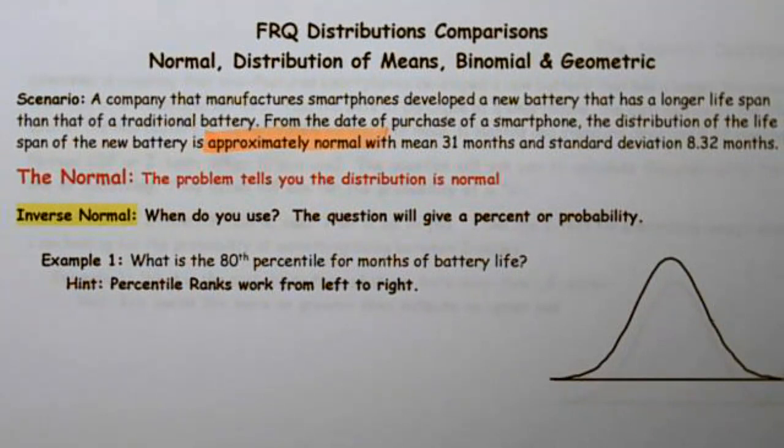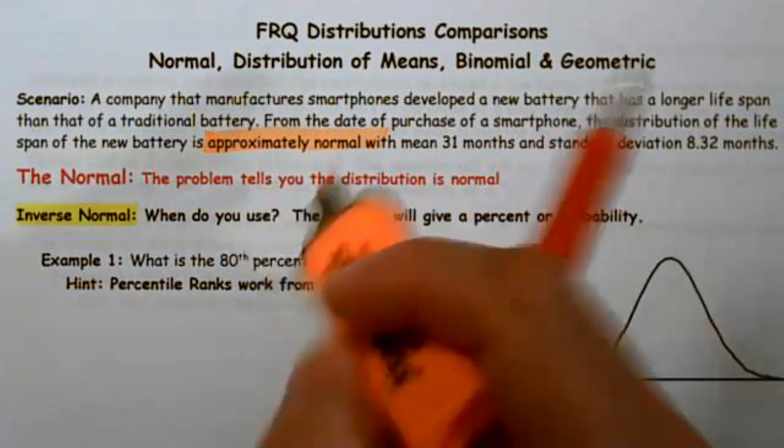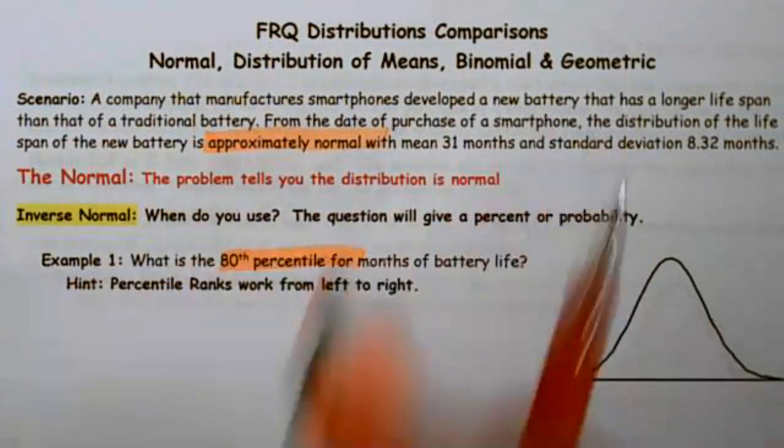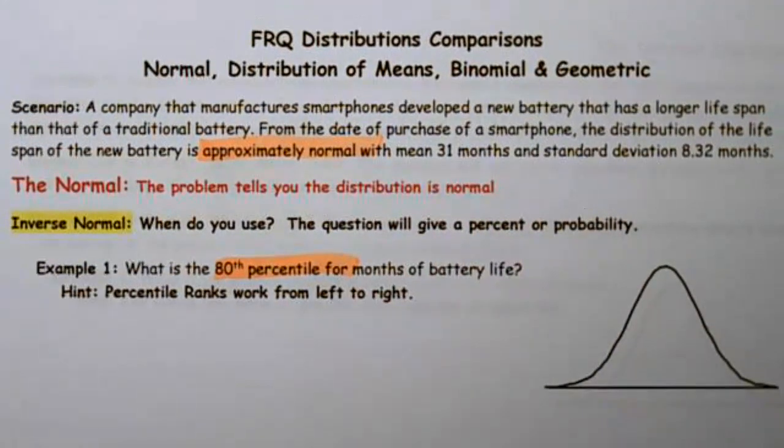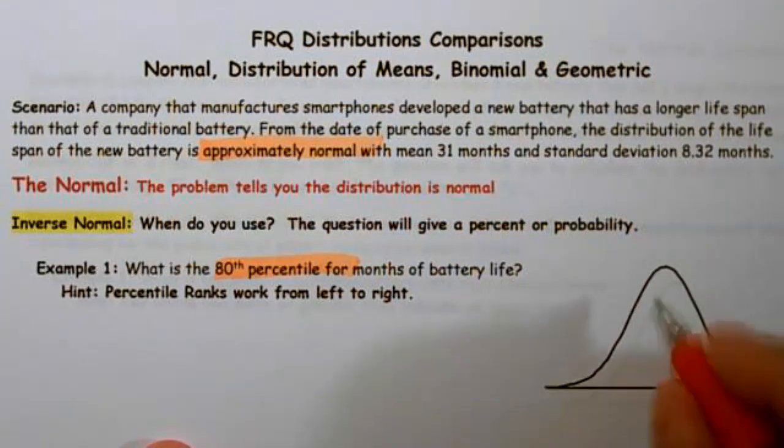So we're going to start off with percentile ranks. What is the 80th percentile for months of battery life? Here they've given me a percentile rank, and it's important to note that, because percentile ranks work from left to right. Beginning from the left all the way up to this line, I'm going to have 80%.